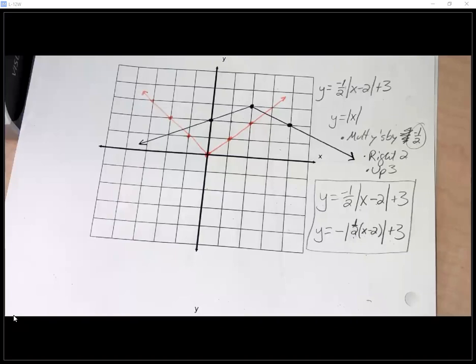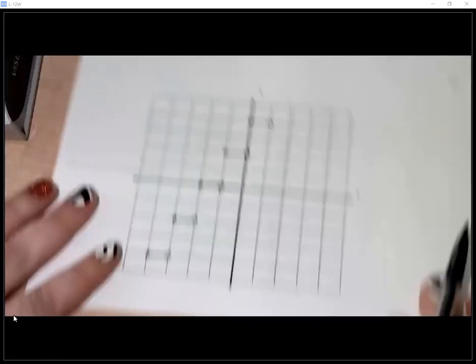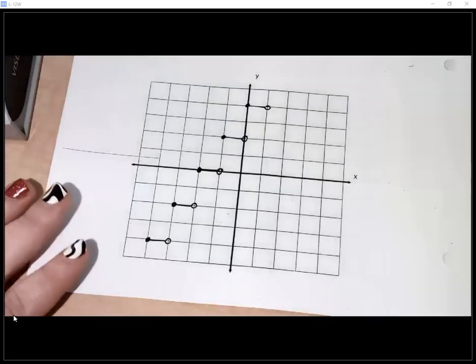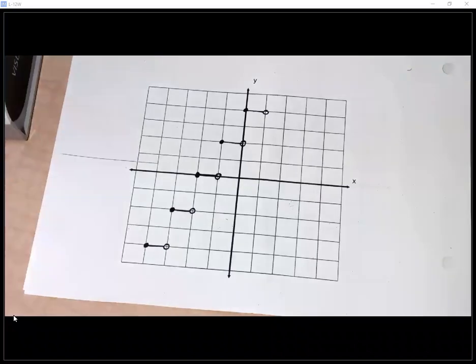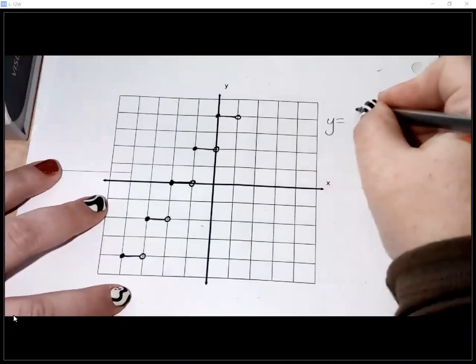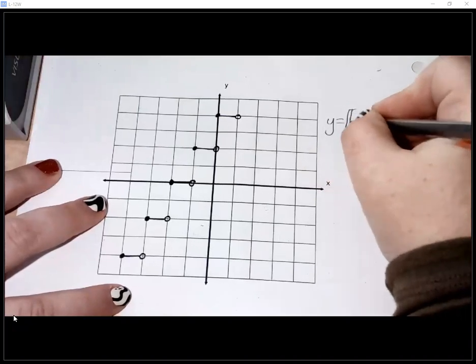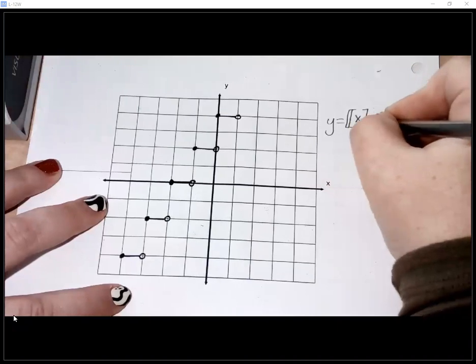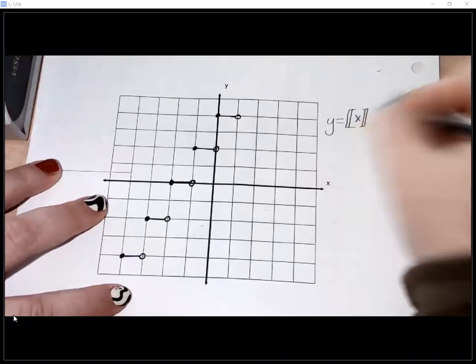Oh, fun. One more. What's the name of this parent function again? Yes, this is the greatest integer function. So if you recall, you just make these square boxes with 2 funny lines. Kind of like that. Okay, so there's the parent function.